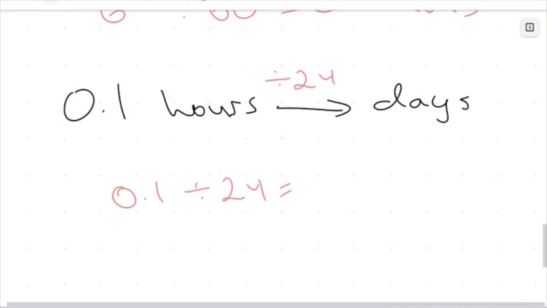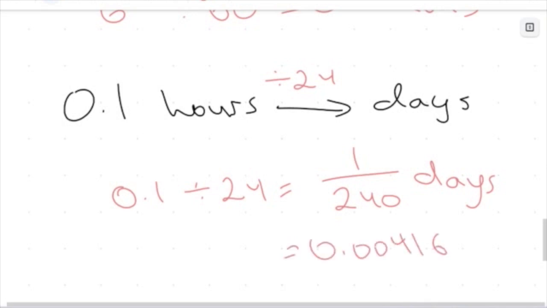And that's going to give me, let's leave it as a fraction, 1/240th days. So you can see this is a really small number. If I wrote this as a decimal, it'll be about 0.00416666 repeating.